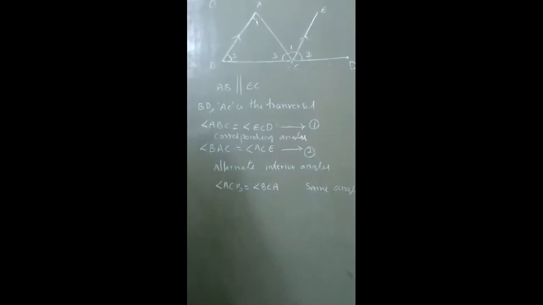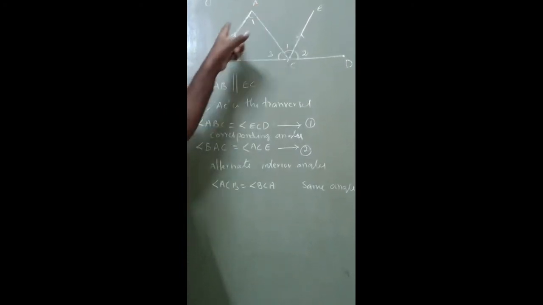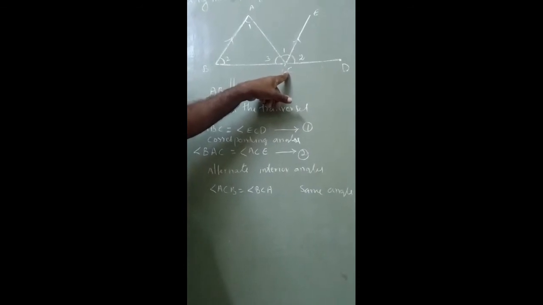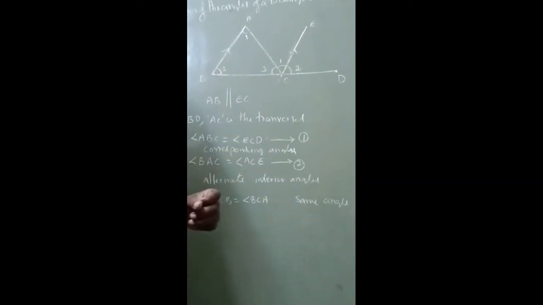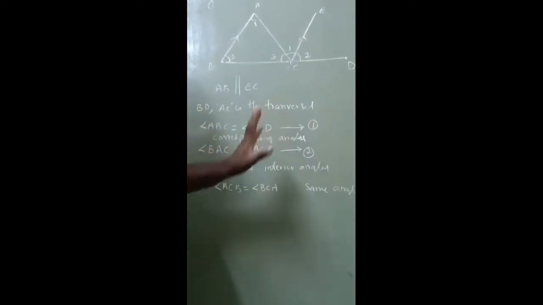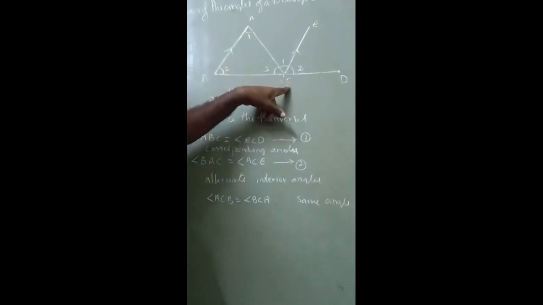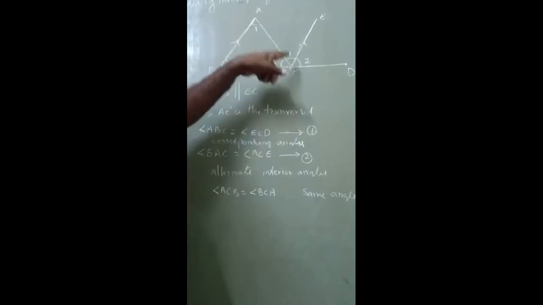Here angle ABC is equal to what is the value? Angle ECD. This is a corresponding angle, on the same side of the transversal, one exterior, one interior. That is the first equation. Next one, angle BAC is equal to angle ACE.